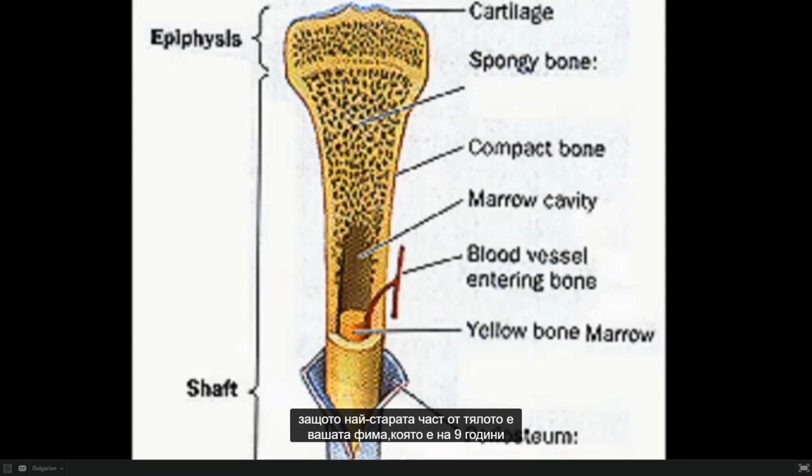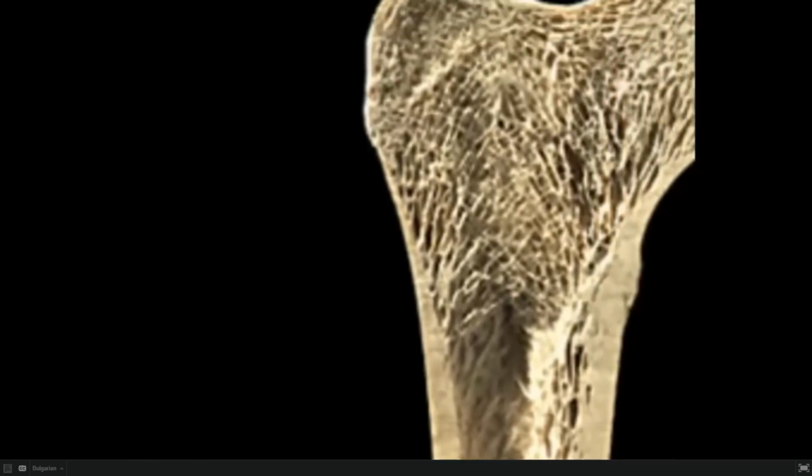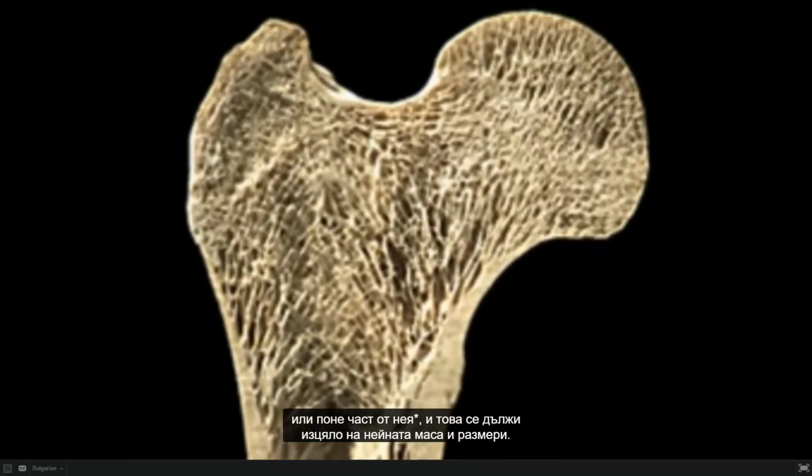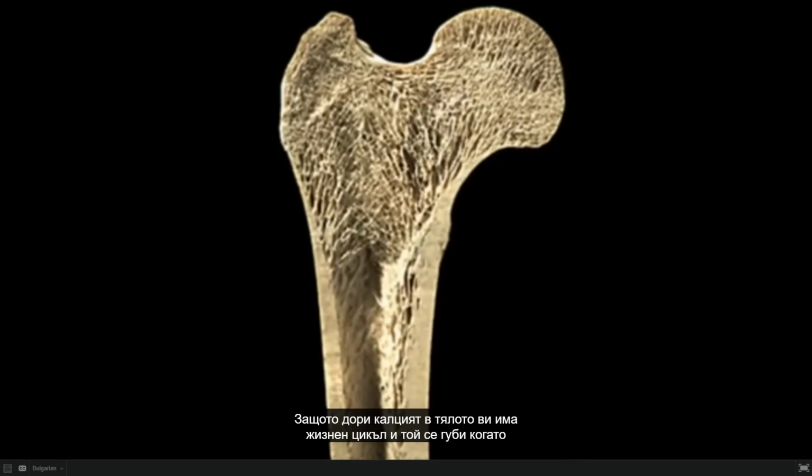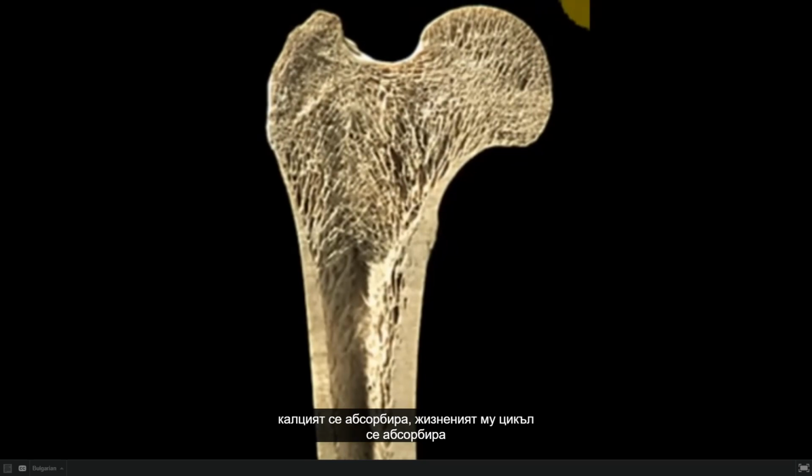The oldest piece of your body is your femur, which is 9 years old, part of it, and that's due totally to its mass and its size. Even the calcium in your body has a life cycle, and it gets absorbed and disposed of through your disposal system.